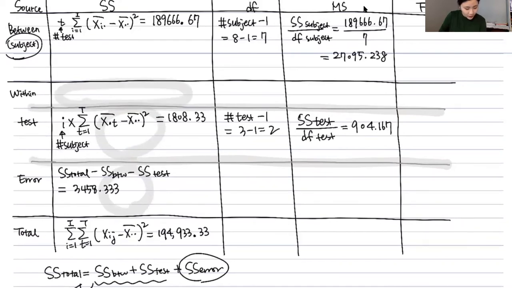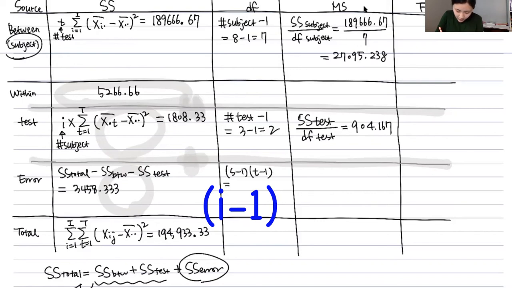Degree of freedom of error is number of subjects minus 1 times number of tests minus 1. So 8 minus 1 is 7 and 3 minus 1 is 2, which is 14. So if I sum them up, 2 and 14, which is 16.